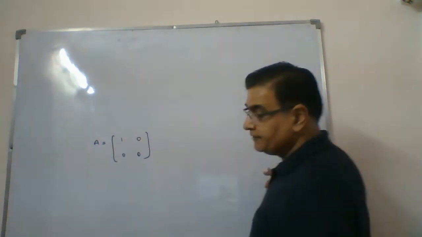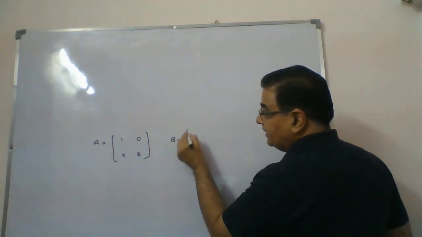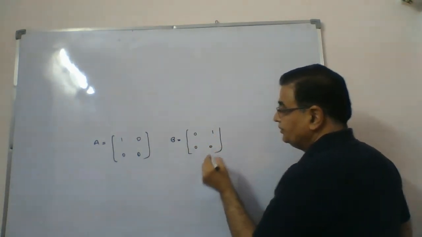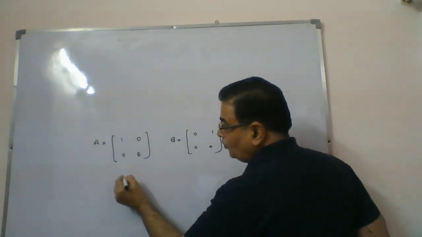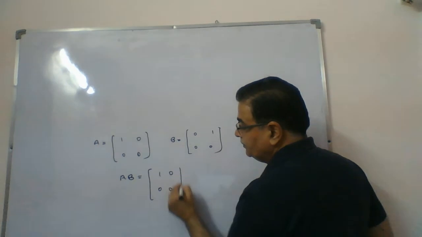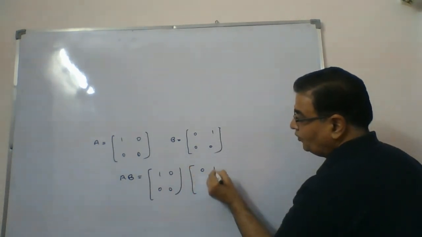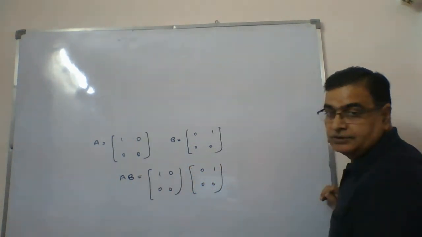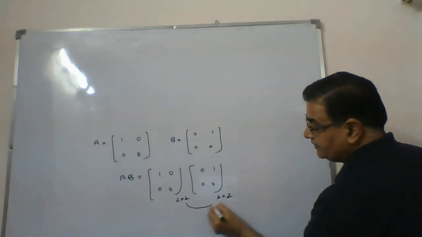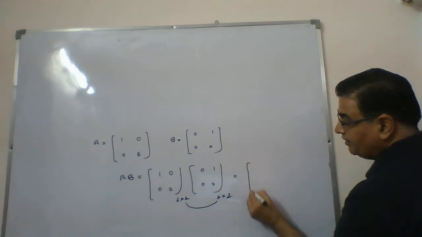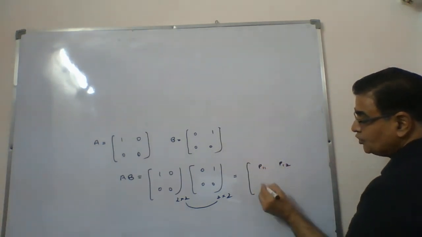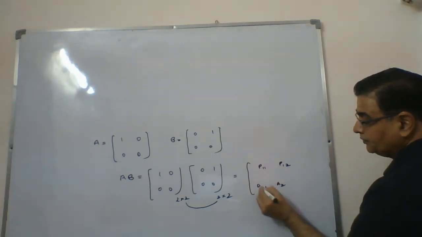This is one matrix. B is another matrix, 0 1 0 0. If I ask you to write down A into B, just check: 1 0 0 0 and then 0 1 0 0. Yes, this is possible. The final matrix you will get will have P11, P12, P21, P22.